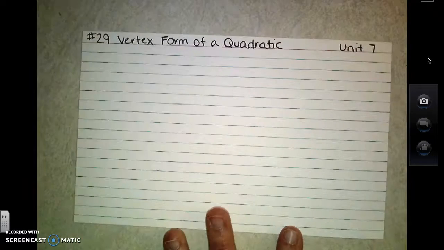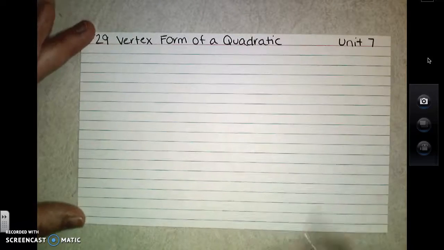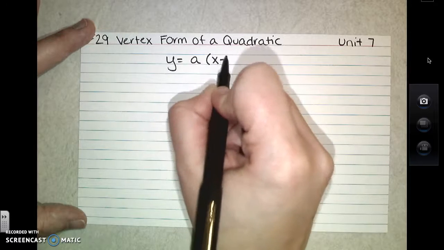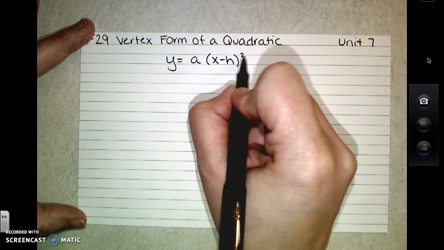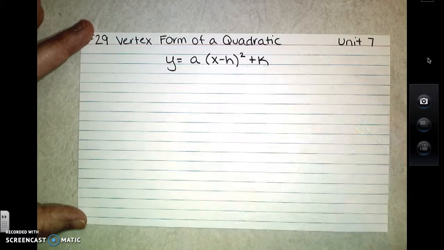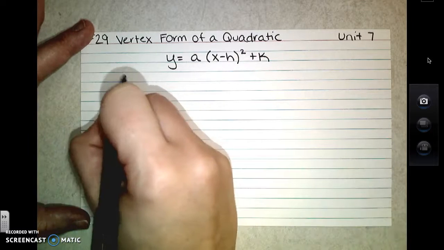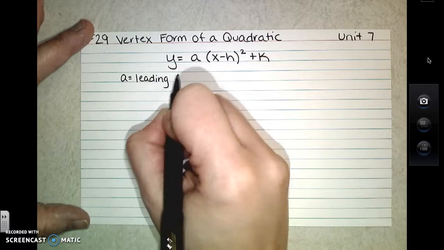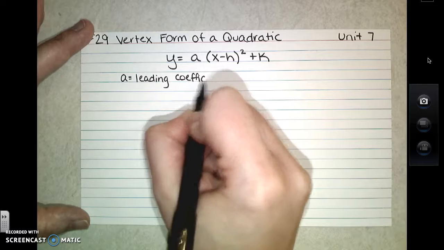We're almost done. Okay, so vertex form goes like this: y equals a, parentheses, x minus h, parentheses with the squared outside, plus k. All right, so a is your leading coefficient. Do you remember the importance of the leading coefficient?